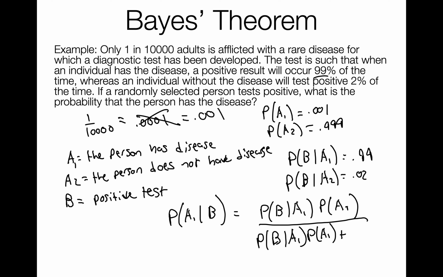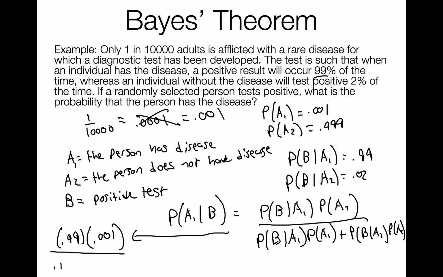And so what do we have? If we sort of move over here, B given A1 is 0.99, so it's 0.99 at the top, times the probability that A1 happens, which is 0.001, divided by 0.99 times 0.001.